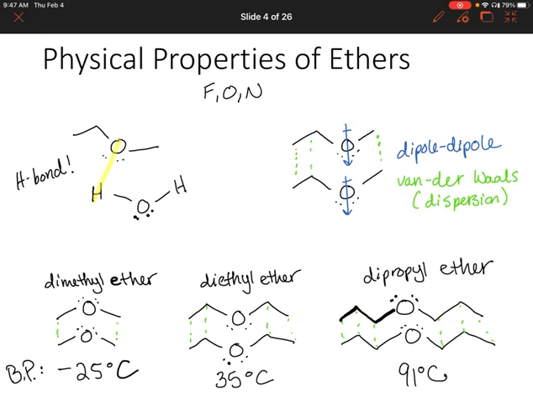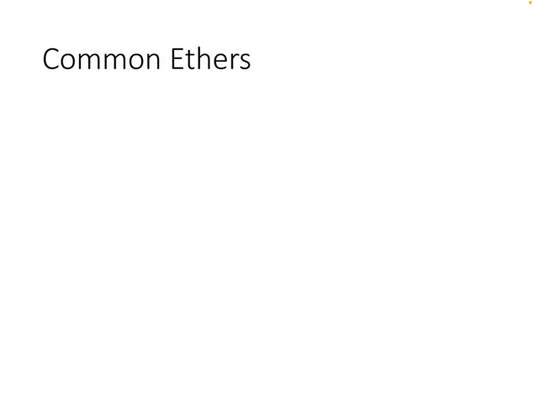All right, now let's talk about some common ethers. So we've already talked about one of them. Diethyl ether is one of the most common ethers. Another name for this ether is ethoxyethane.